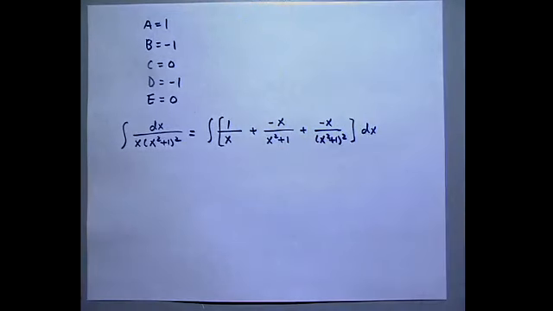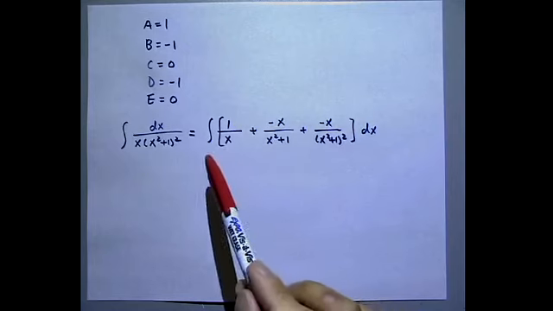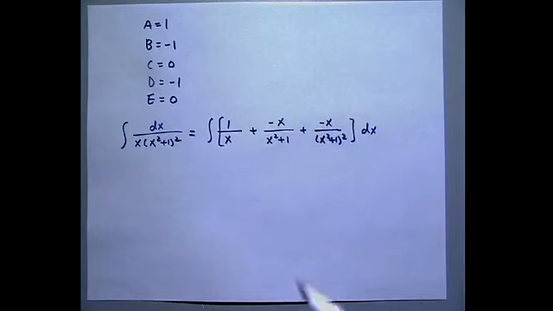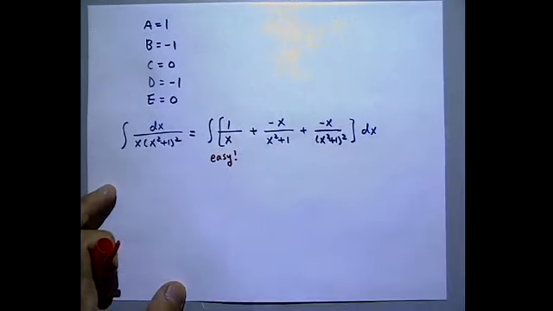Okay, so here are the 3 things we have to integrate. First one, we can do that very easily. We should, right? This one is easy. Middle one, what do you think?